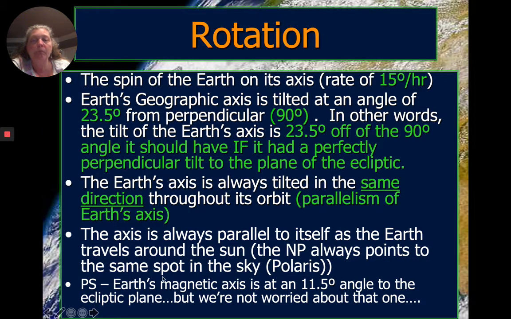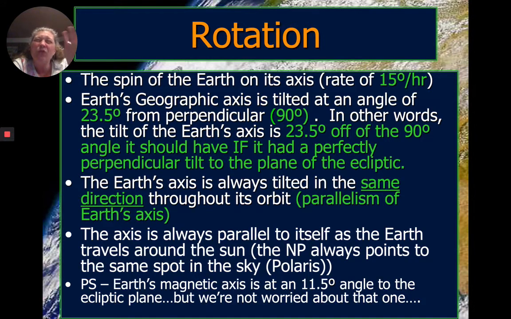All right. Okay, so we're going to focus on the phenomena created by Earth's rotation. Let's just review a little about rotation. The spin of the Earth on its axis is at a rate of 15 degrees per hour. Now we know that the Earth is tilted at 23.5 degrees. So we know that the Earth has a tilt, 23.5 degrees.